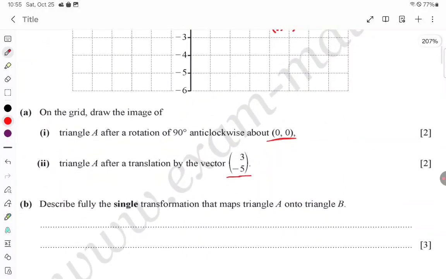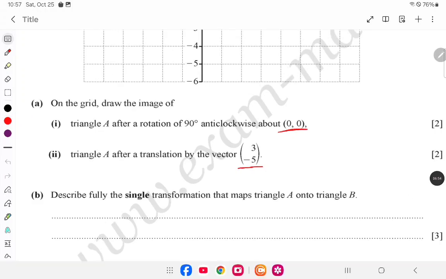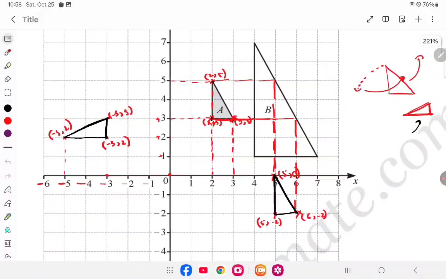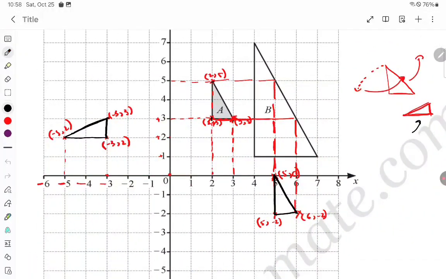Now in part B, describe the single transformation that maps triangle A onto triangle B. This is our triangle A. This is our triangle B. So this is our 1 unit and this is our 3 unit. 1, 2, 3.